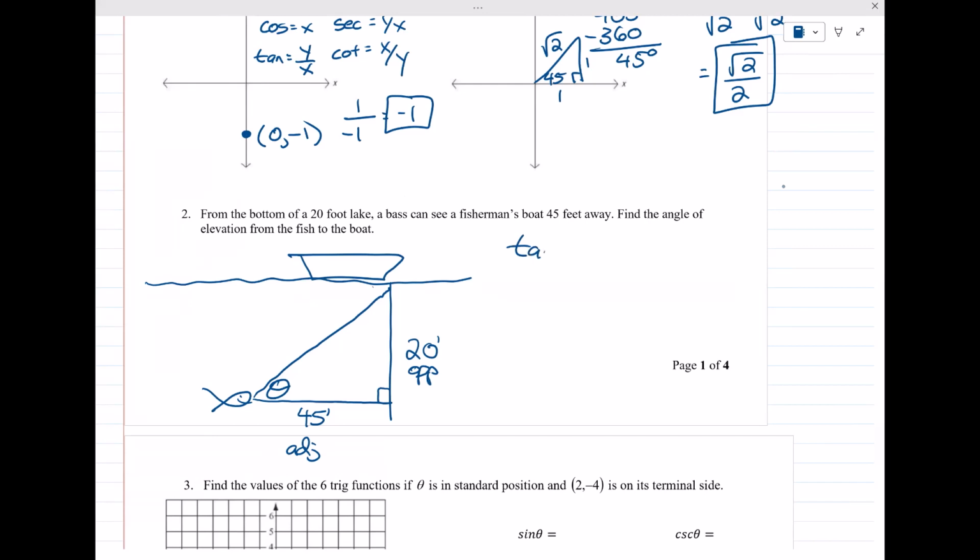If we take the tangent of this angle, we'd get the opposite over the adjacent. And remember, we talked about using inverse trig in order to solve for angles. So what we could do at this point is we take the inverse tangent of both sides.